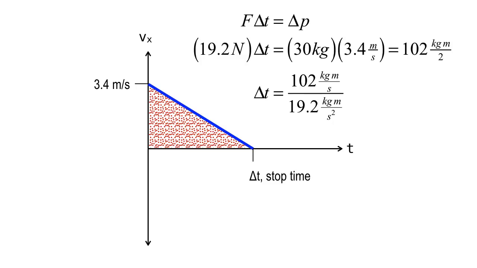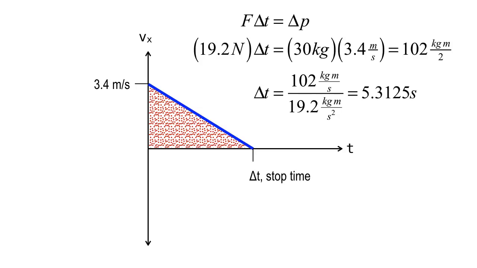I can cancel meters, top and bottom. And I can cancel per second, top and bottom, but I still have a factor of per second in the bottom because it's per second squared. So that per second in the denominator becomes a regular second in the numerator. And that gives me the time, 5.3. And I've just written out all the digits. It's not a bodacious calculation.